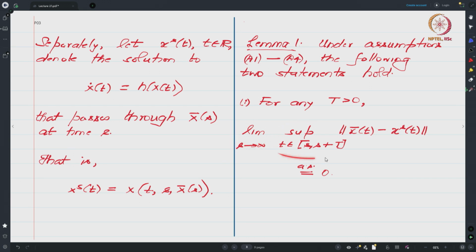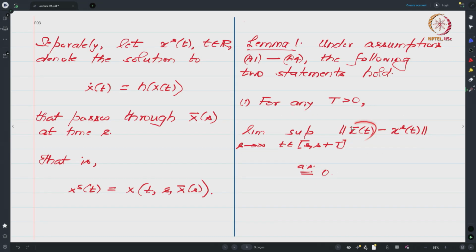The next part says that for whatever s you work with, you look at this time window that starts at s and goes all the way up till s plus T, and you take a value little t in this time window, which has length capital T, and for a t lying in this window, you look at the distance between x bar of t and x^s(t), you take the norm, and you ask what will be the value of this as s goes to infinity, and the lemma says that this distance actually goes to 0.